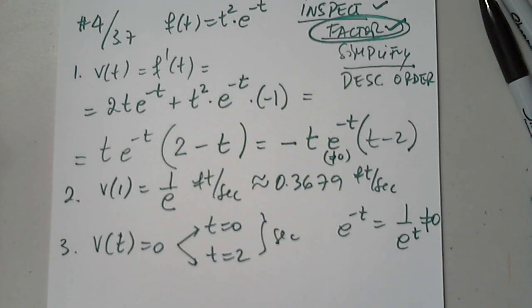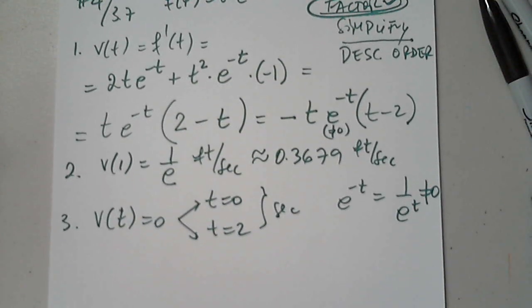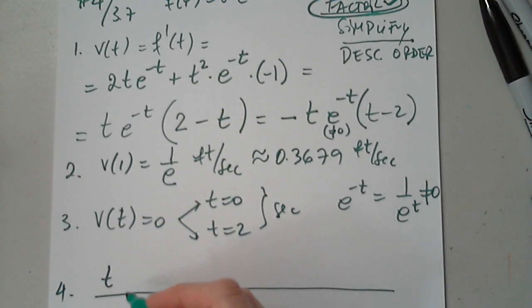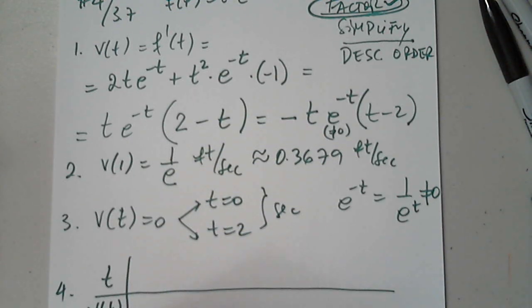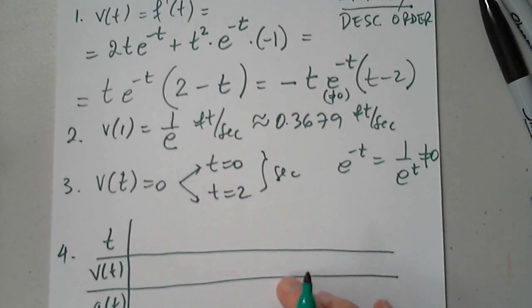It says, when is the particle moving in the positive direction? So of course I'm going to create the table. In number 4, I get the table going where I have the velocity. I already anticipate what they are going to ask. I'll also come back to this and draw the conclusion.